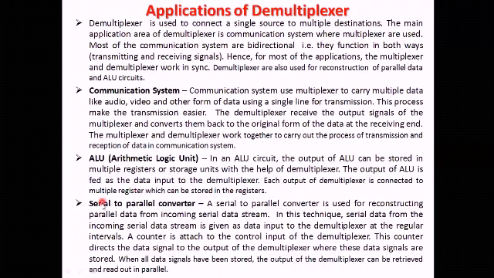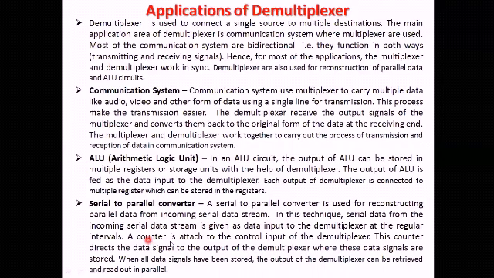The next application of the demultiplexer is the serial to parallel converter, and this is a very important application also. A serial to parallel converter is used for constructing parallel data from an incoming serial data stream. In this technique, serial data from the incoming serial data stream is given as data input to the demultiplexer at regular intervals.